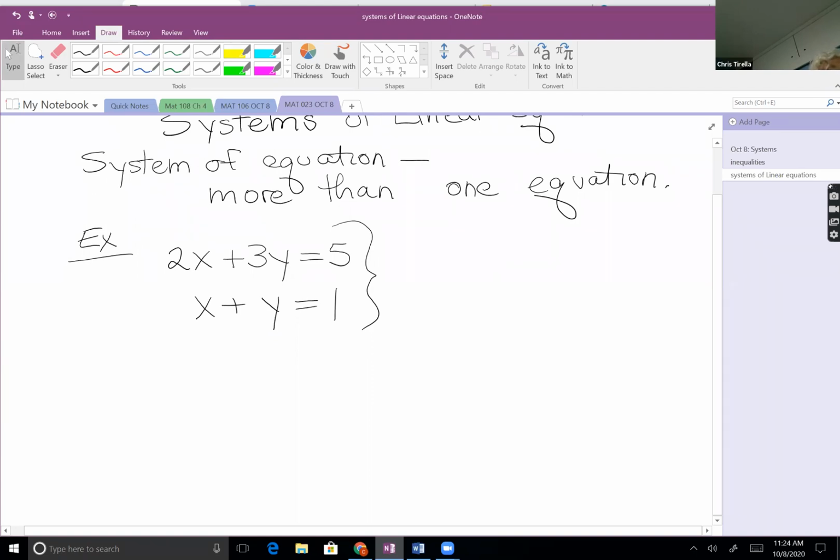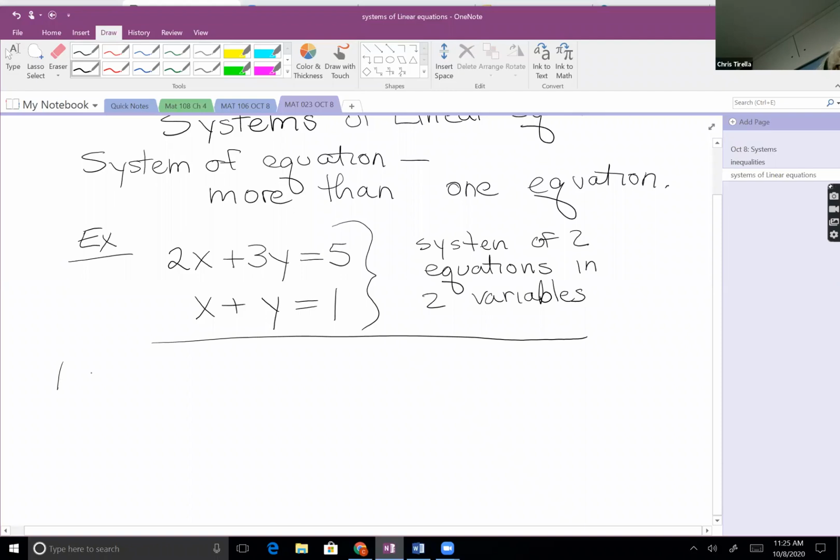But again, this would be a system of two equations in two variables. And what's important to know with these is a solution must satisfy all the equations in the system.